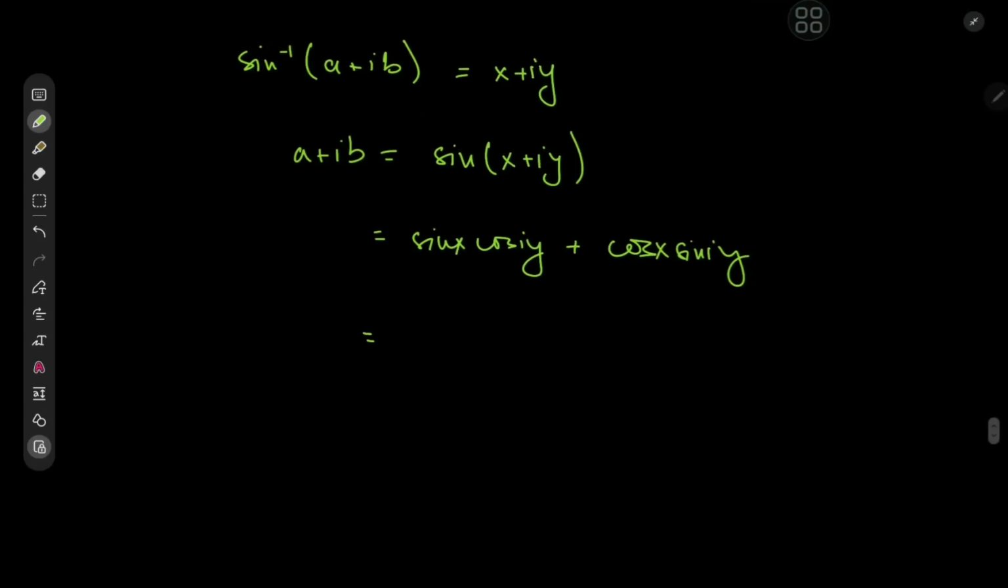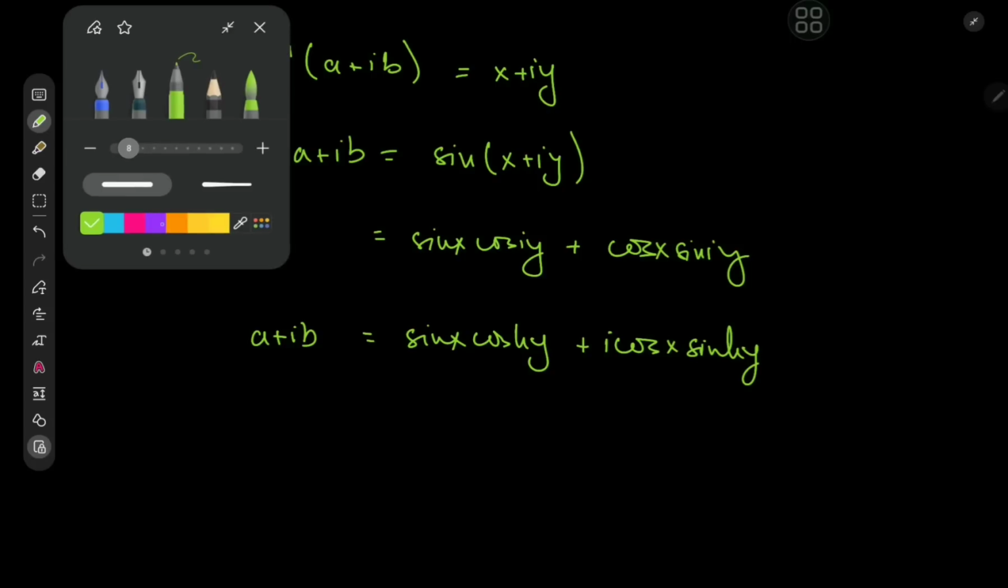Now cosine iy is just the cosh of y, the hyperbolic cosine that is, so we have sine x cosh y. Now sine of I times y is the hyperbolic sine or sinh of y times I, so we have I times cosine x times sinh of y. Terribly sorry about that again. Slightly better. So that's a plus I times b.